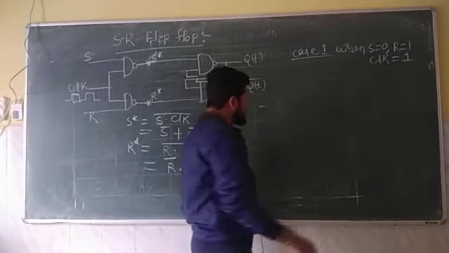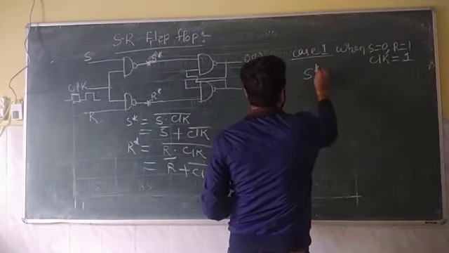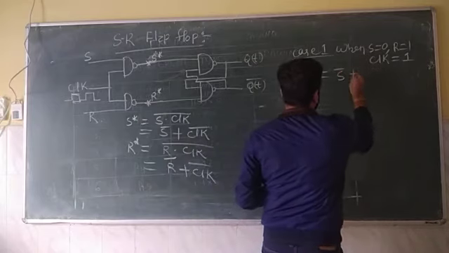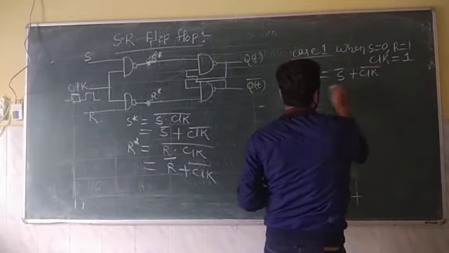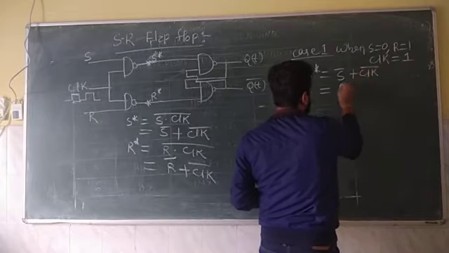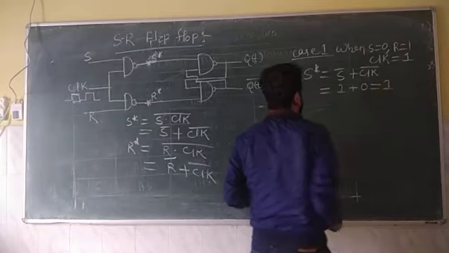Then what is the value of S star? S star is equal to S bar or clock bar. S bar means we have the complement of 0, that is 1, or 0. So we have 1.